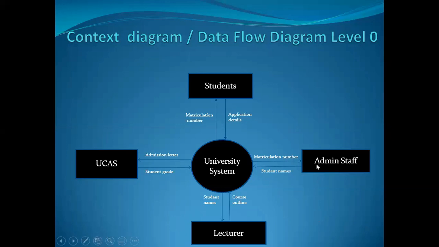And so we are saying the admin staff will be inputting students' names into the university system that we want to build. The university system will also be generating the matriculation number for the admin staff, to assign to the student, so that they can say, okay Abby, this is your matric number, maybe 01.